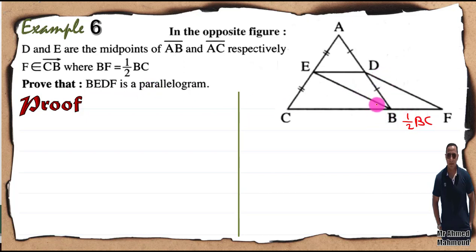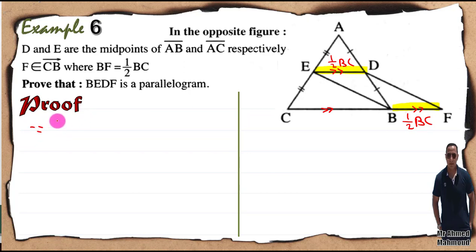In triangle ABC, since E and D are midpoints, therefore ED parallel to BC and ED equal half BC. So ED parallel to BF and ED equal BF because BF equal also half BC. So ED and BF are equal and parallel. So the shape is a parallelogram.